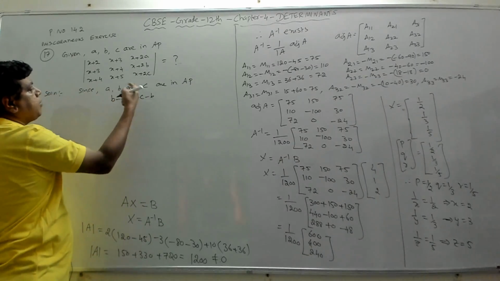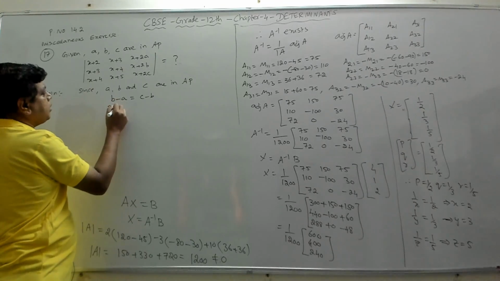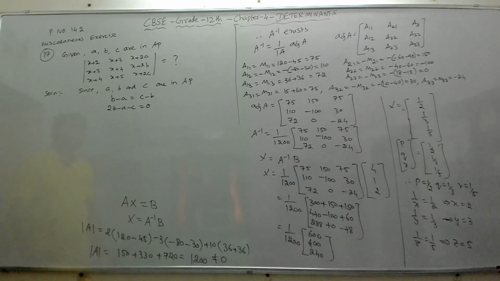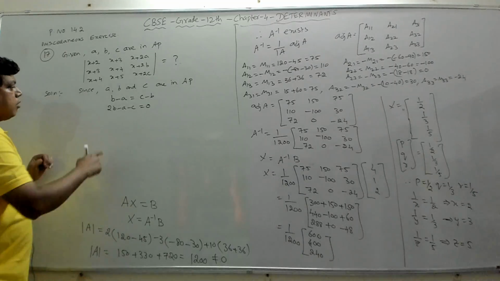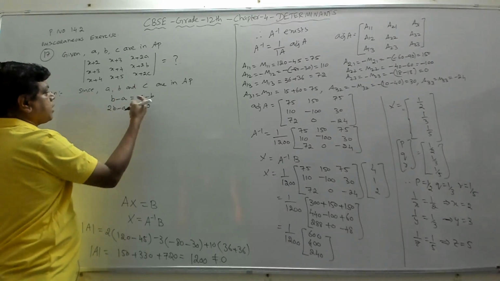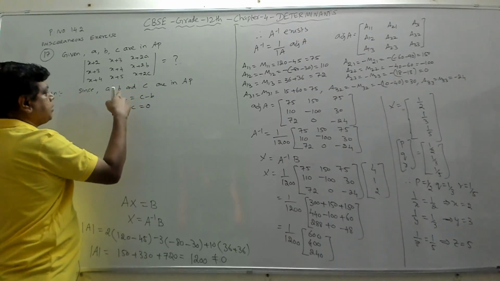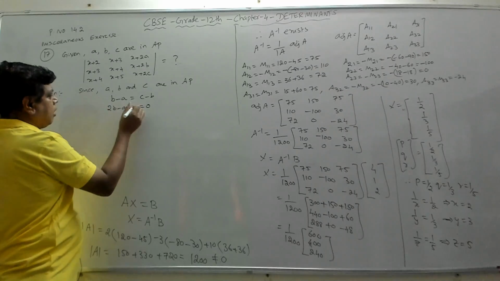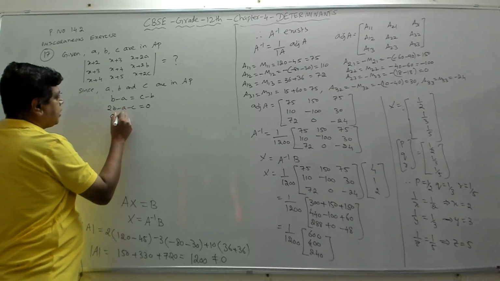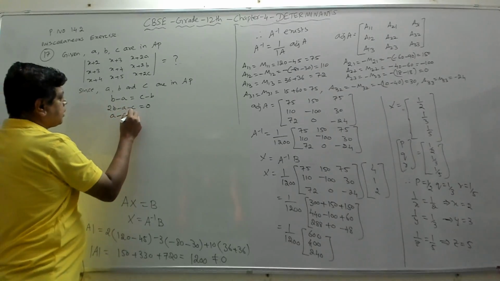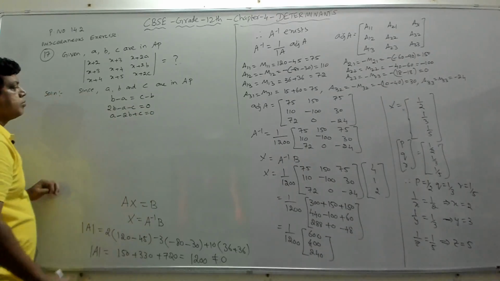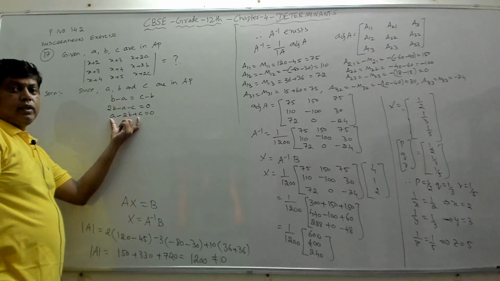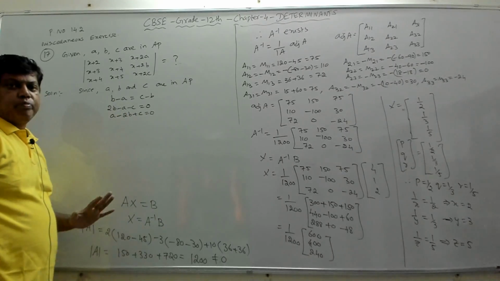If we bring everything to one side, you get 2b minus a minus c equal to 0, or we can also write this as a minus 2b plus c equal to 0. So wherever we see the value a minus 2b plus c, we can put that value as 0.